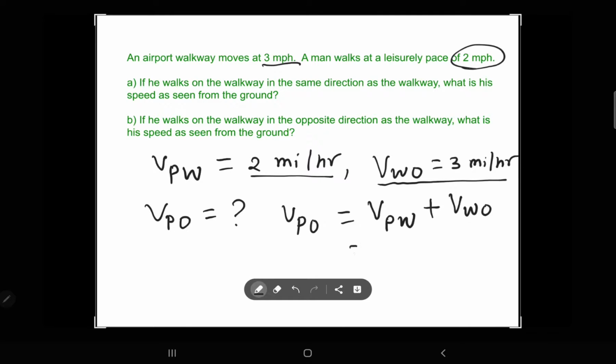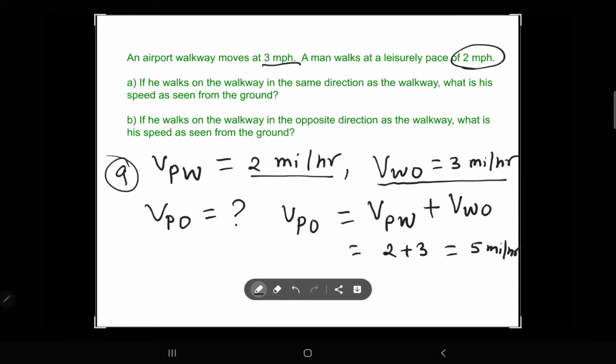So this will be 2 plus 3, equal to 5 miles per hour. This is if both are moving in the same direction. What will happen if they are moving in opposite directions? Look at part B. So this is part 1.